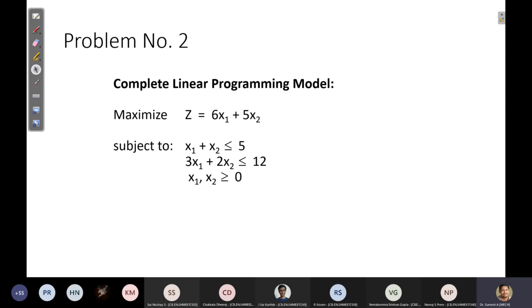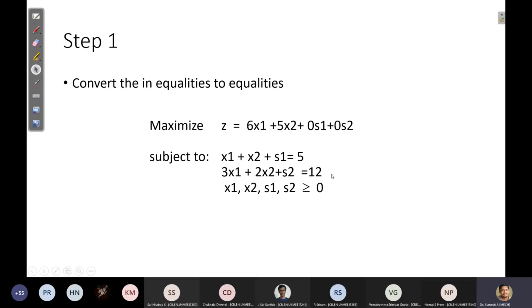So how many slack variables? 2, sir. Okay, convert that into the standard form. I just converted that into the standard form, converting the inequalities to equalities.